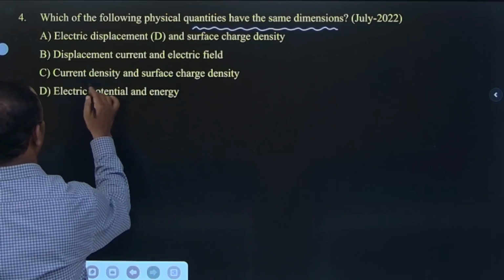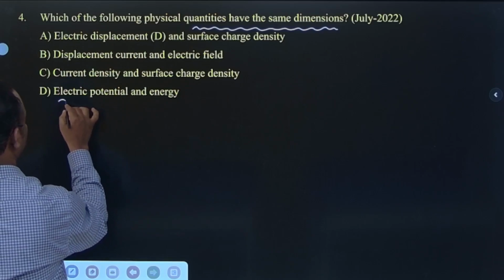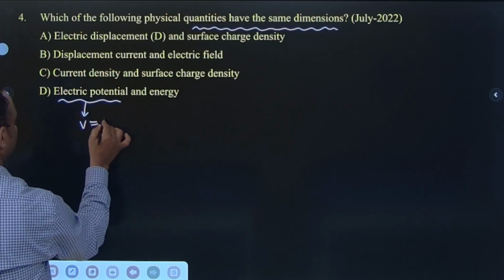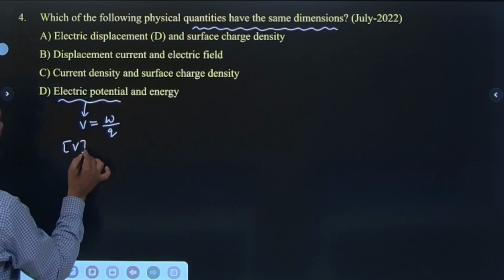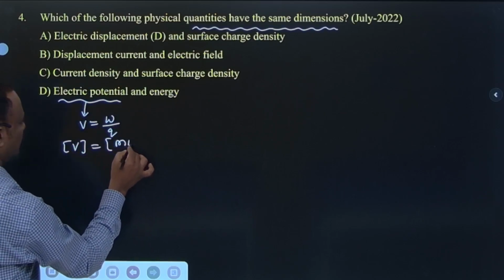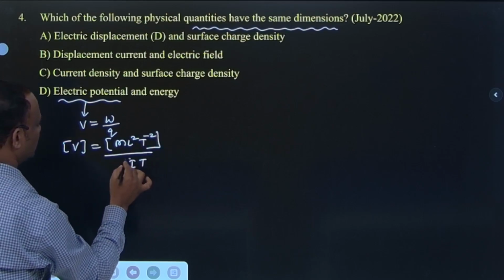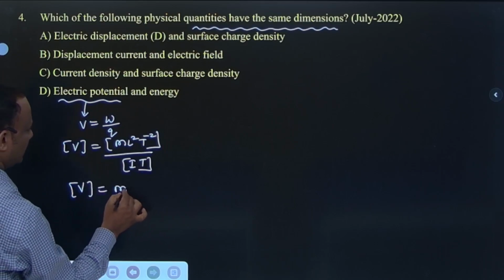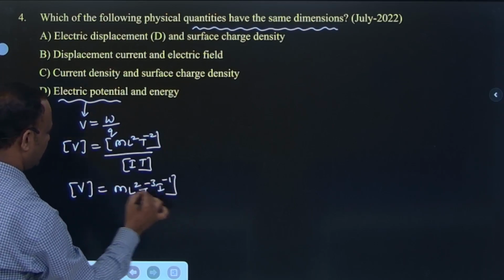First one is electric potential and energy. Electric potential is V. V is equal to W by Q. The dimensional formula of V is, W is ML square T minus 2, and Q is IT. So the dimensional formula of V is ML square T minus 3 I minus 1.